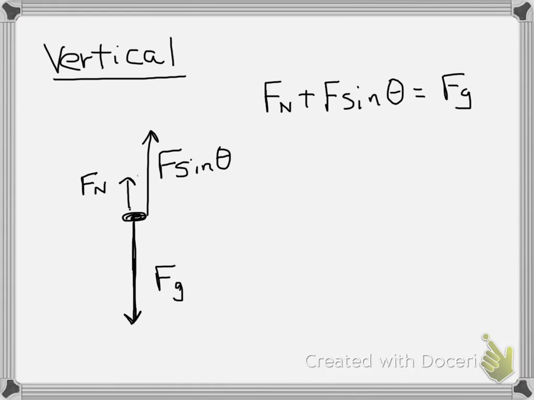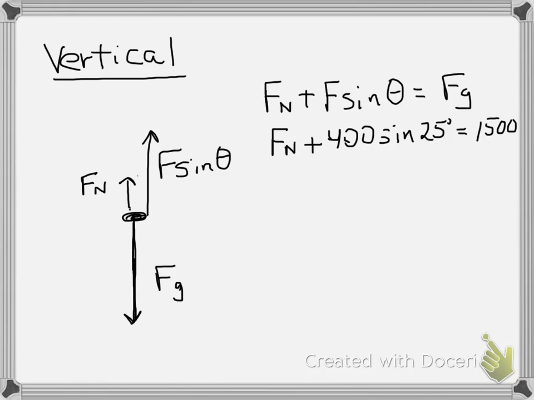Now let's put in numbers. I don't know the upward normal force, but I know the applied force is 400 newtons, so I have to multiply that by the sine of 25, and that will be equal to the weight of the object, which is 1500 newtons.